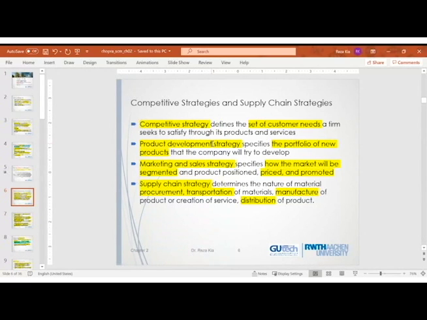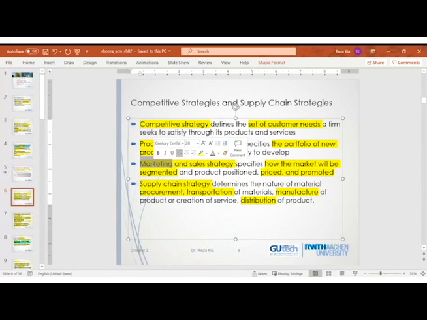Just producing is not enough. You need to do some marketing and sales strategy. By marketing, you are trying to attract customers, otherwise no one will be even familiar with your product. You also need to follow some selling strategy.